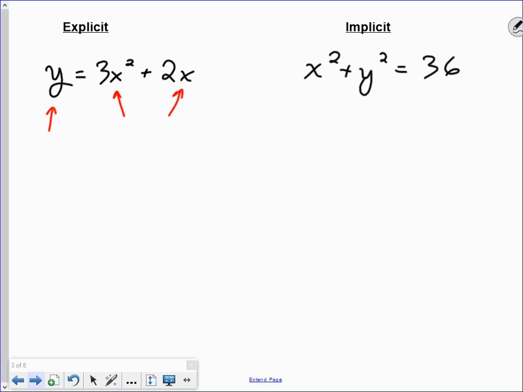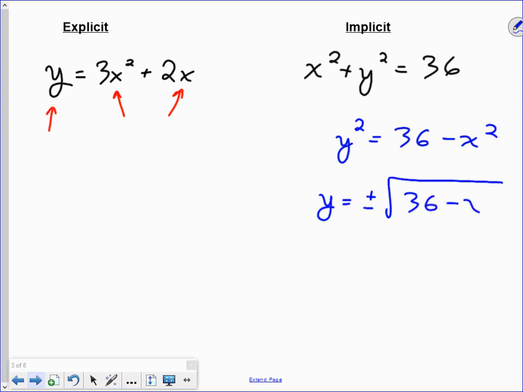Like we could take this and bring the x squared over to the other side, and we could take the square root, remembering that we want to take both the positive and the negative roots. And we could express this as an explicit function.